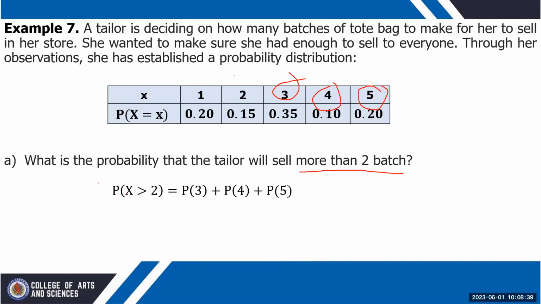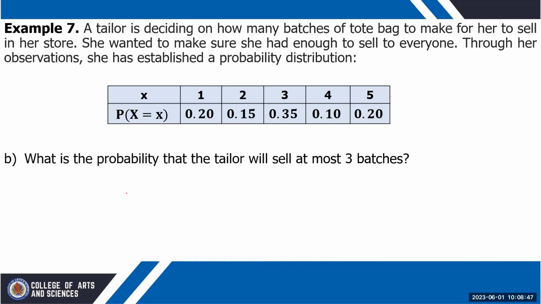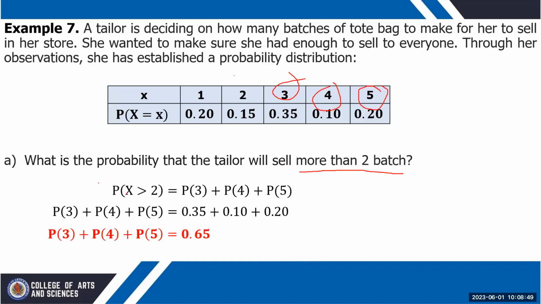So, you're just gonna get the probabilities of 3, 4, 5, tapos pagplaplasin nyo. And that will be the probability. So the probability that the tailor will sell more than 2 batches is 0.65. That's it.